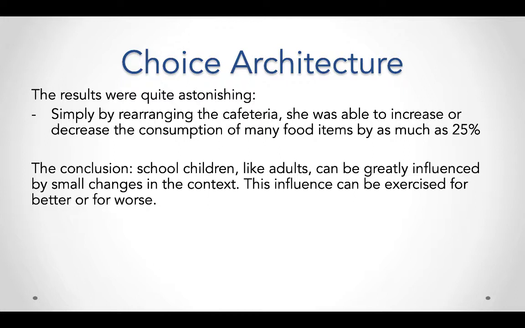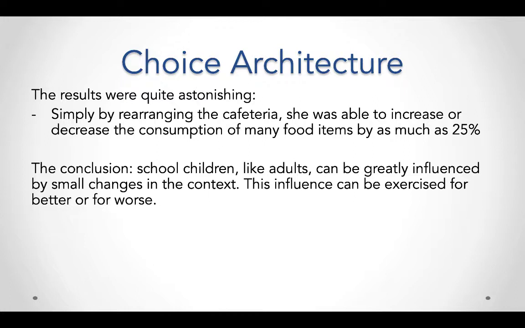So the conclusion of this experiment was that school children, just like adults, can be greatly influenced by small changes in the context. And this influence can be exercised for better or for worse. We call it nudge when we influence for the better, and the new term that is being coined lately is sludge for influencing for worse.